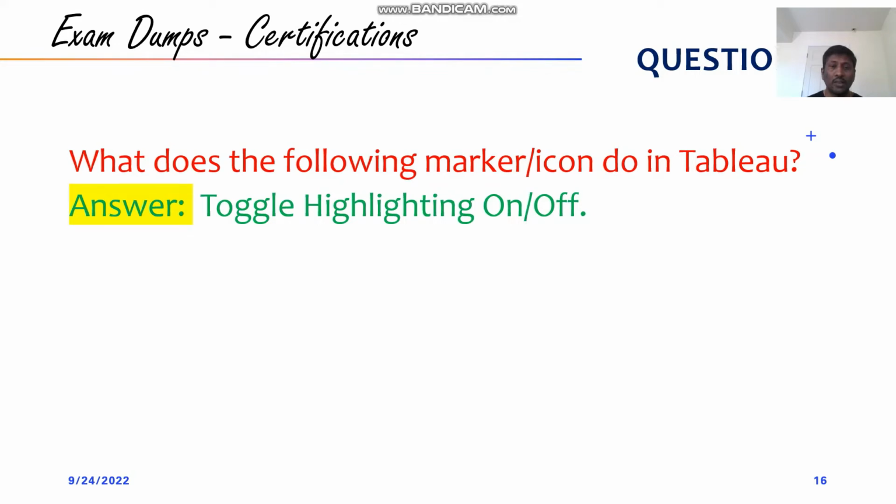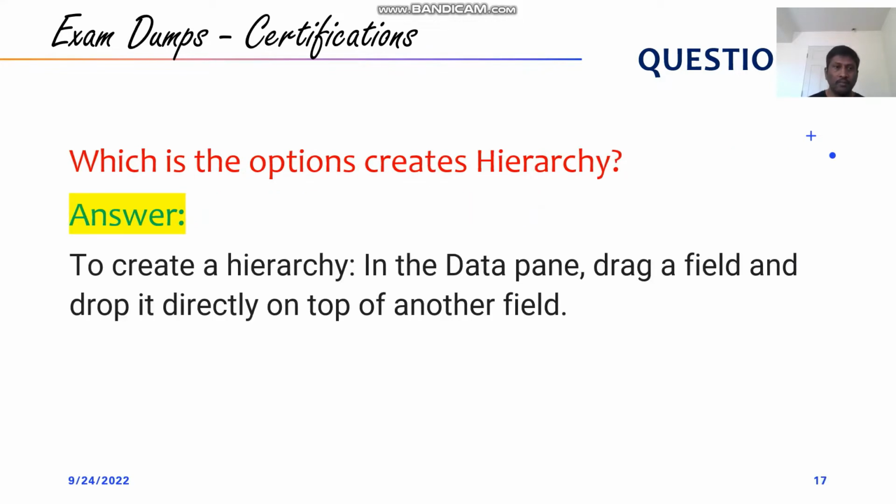What does the following marker icon do in Tableau? The icon which is presented is toggle highlight on and off, which is something they most of the time ask. The next question: which option creates a hierarchy?